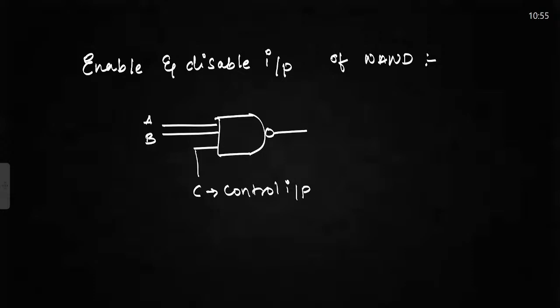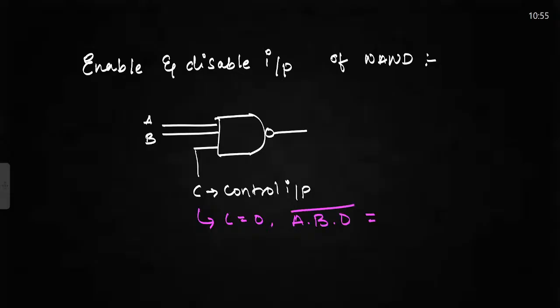Now let us verify. If I take C equal to 0, then my output is (A·B·0)bar.